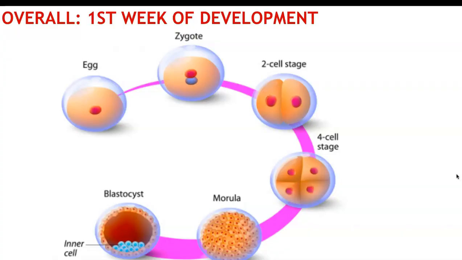But if we interfere, or if we stop in the middle, that is at the first week of development, when there is formation of the blastocyst. At the blastocyst stage, there is the outer layer, the trophoblast, and the inner cells, and these cells are known as the inner cell mass.